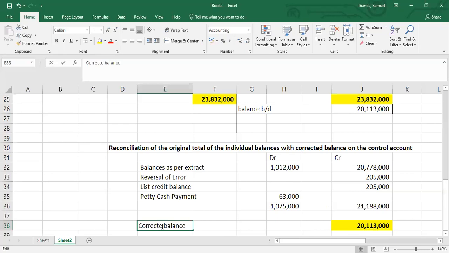So ideally, your accounts payable ledger control account has been balanced with the normal ledger account to come to 20,113. So that is the principle that we wanted to derive when it comes to reconciliation.